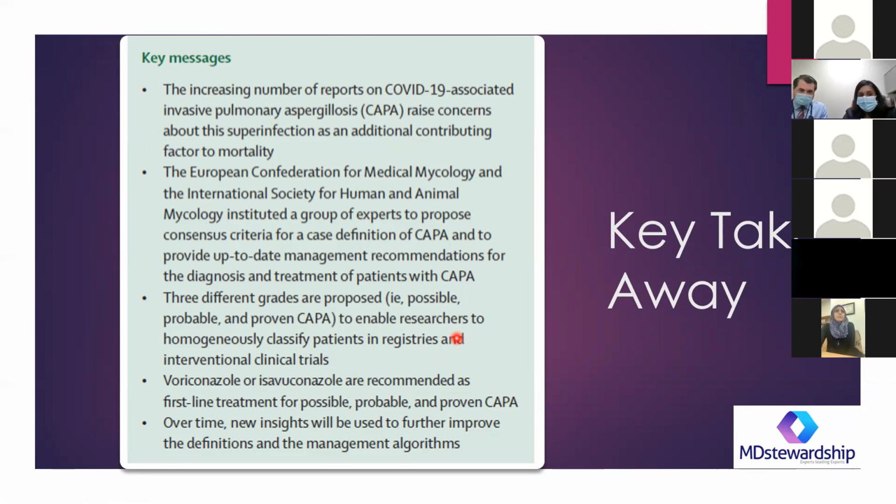And the other takeaway for bacterial infection is that we need to treat patients as if they're community acquired, hospital acquired, or ventilator acquired, but keeping the duration to 5 to 7 days each. I think that's the main takeaway.